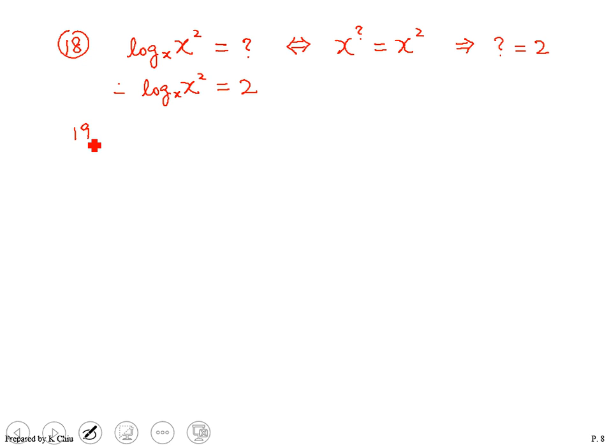How about log 11 with the base 11? Can you think of something? Or do I have to make it a question mark and do that? 11 raised to what is equal to 11? 1. How about log a with the base a? What would that equal to?